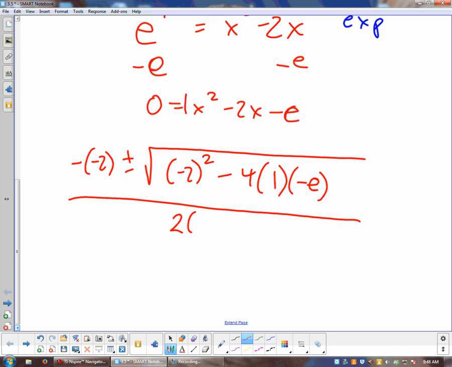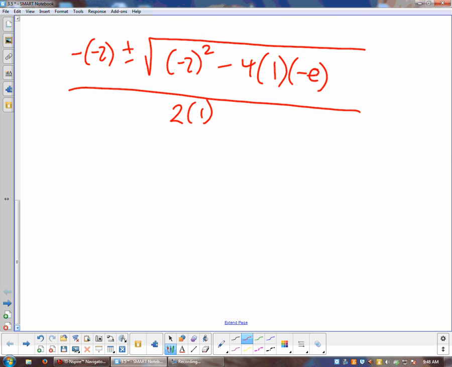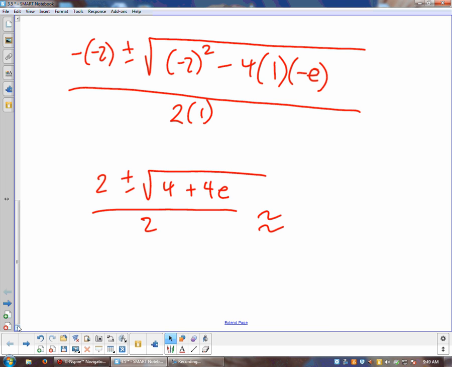So that's all over 2 times 1. I'm assuming that's your calculator? Okay. All right. And so we have 2 plus or minus the square root of 4 plus 4e, over 2. And I guess the bottom line is I would just get decimal approximations for these.